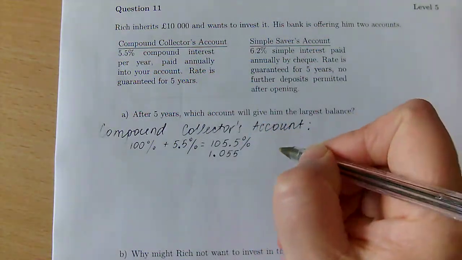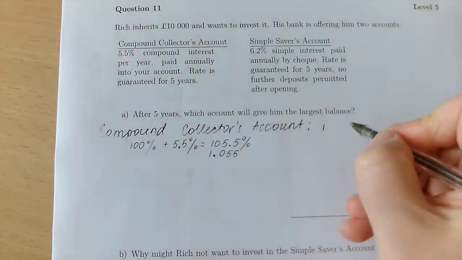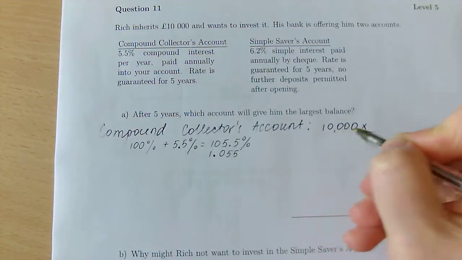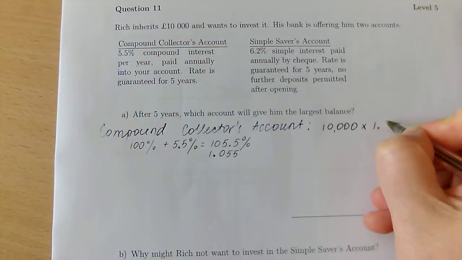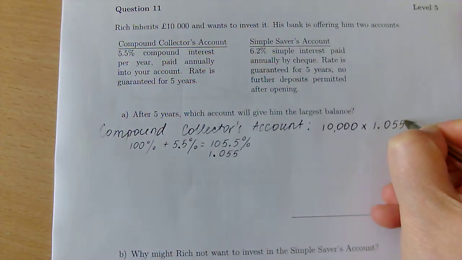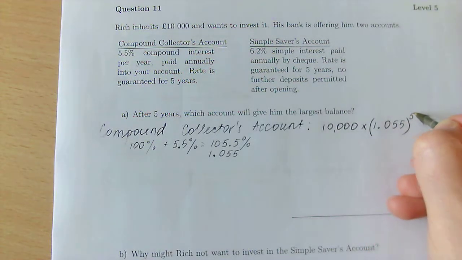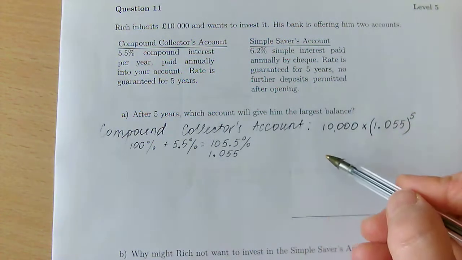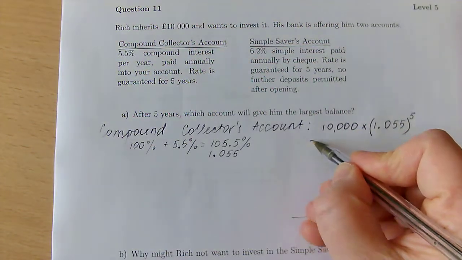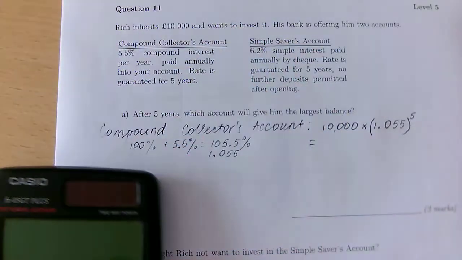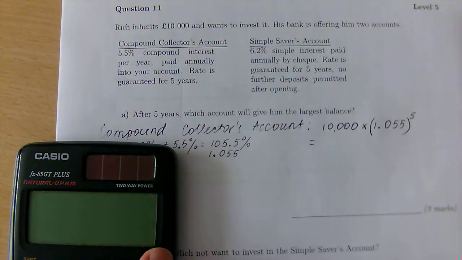So we have how much money he will have after 5 years. He invests £10,000, multiplied by the multiplier 1.055 to the power of 5, because this situation will be repeated 5 times.